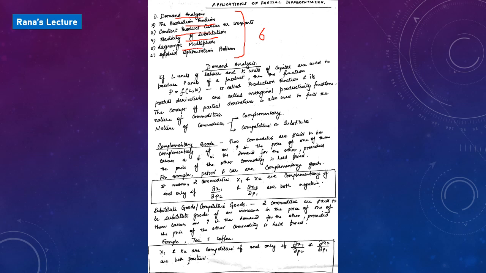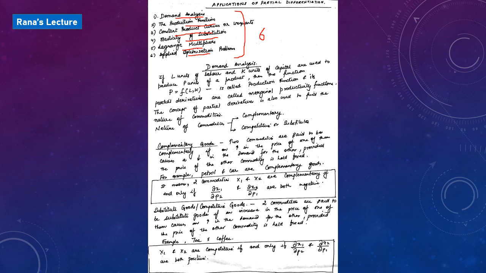We all know in order to produce a commodity there are various inputs required: land, labor, capital, enterprise. But for simplicity, we assume that only labor and capital is required in producing a particular commodity.